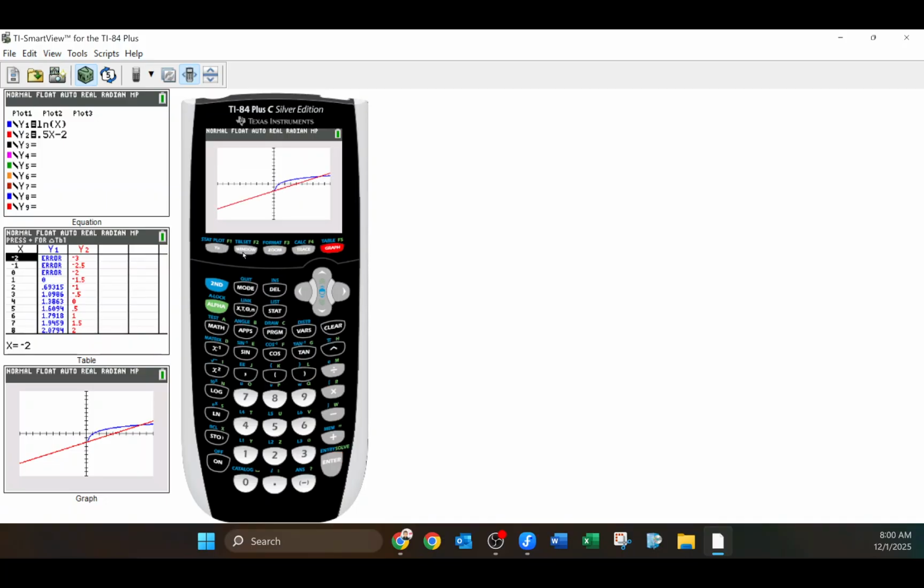I'm going to find my next intersection. So second calc, 5 again. And then, again, it doesn't really matter which you choose, you just need one function and then the other, but you need to scroll over to the point where it wants you to guess.